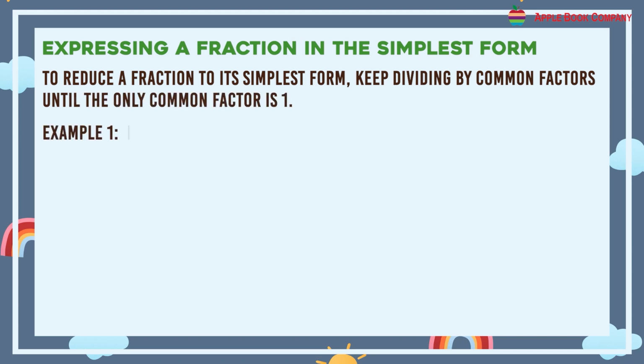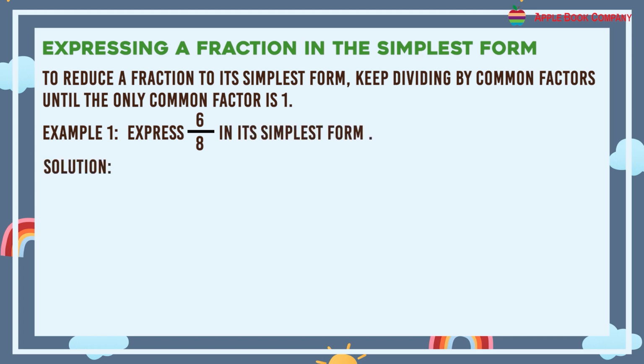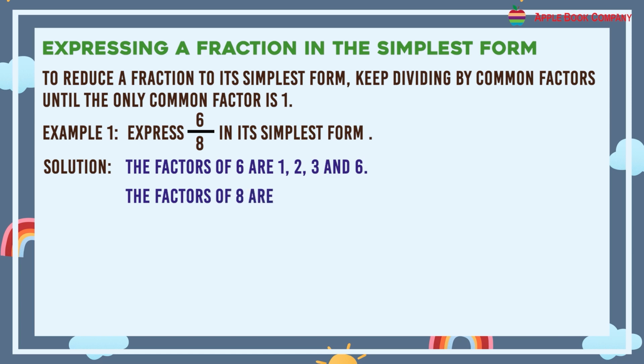Example 1. Express 6 by 8 in its simplest form. Solution. The factors of 6 are 1, 2, 3 and 6. The factors of 8 are 1, 2, 4 and 8. The common factor is 2.